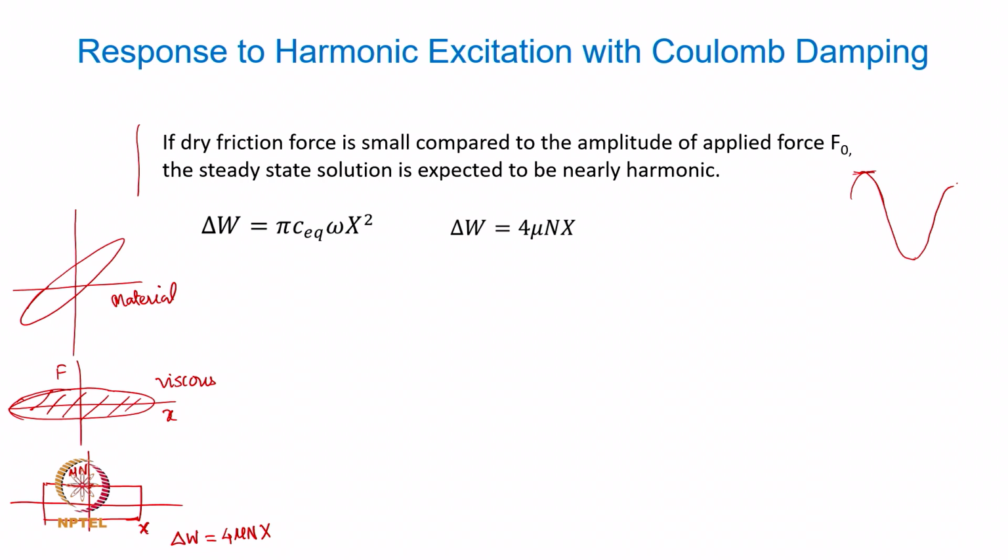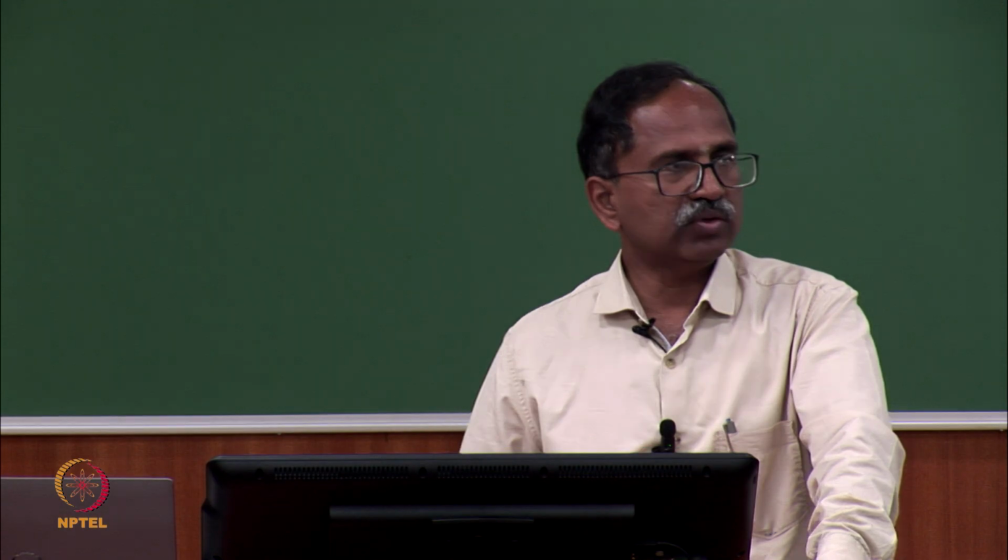So, when we want to now somehow equate this area under the curve for one cycle, and make use of the same equations that we have derived, now we have derived so many response equations assuming a viscous damping case.